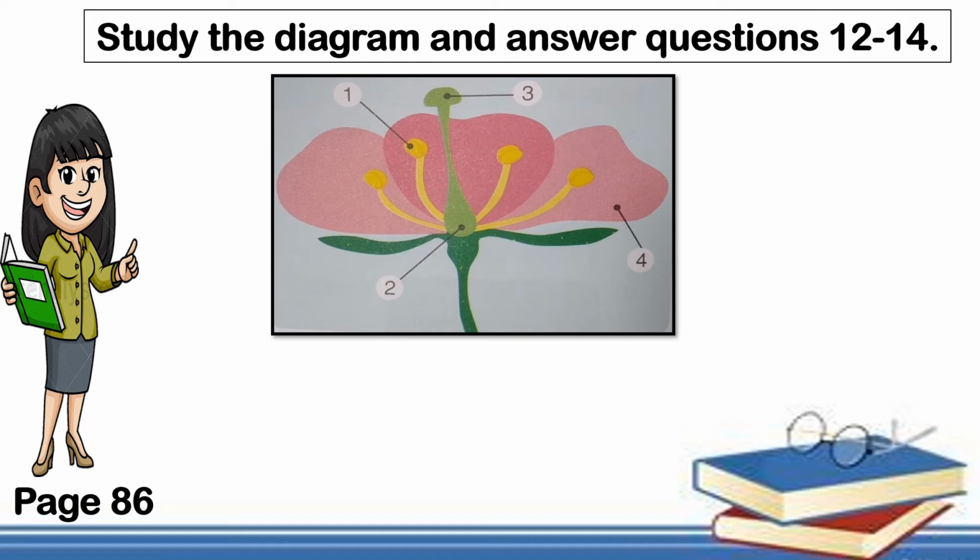First, number 1. What part of the flower is this? Number 1 is anther. Number 2 is ovary. Number 3, this is the stigma. And number 4 is the petals of the flower.